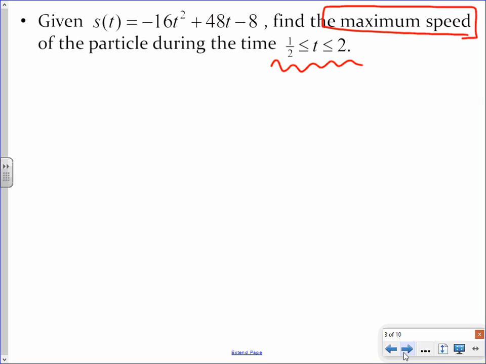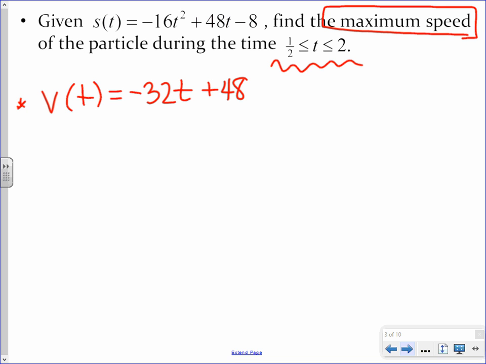Okay, so our velocity function is negative 32t plus 48. We need to consider that and find its derivative's critical points. Okay, we're trying to maximize the absolute value of it, which we'll get to in a little bit.